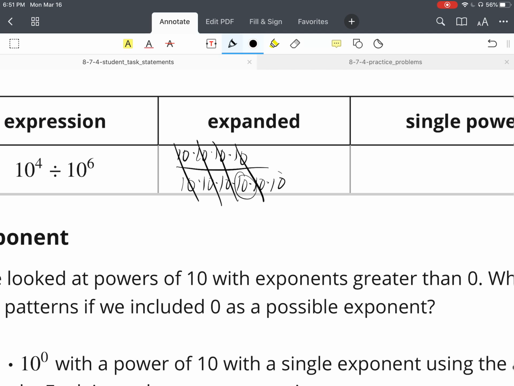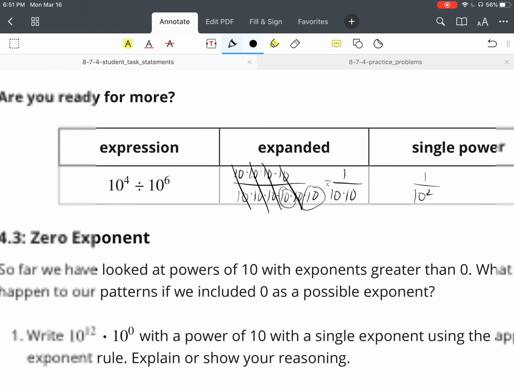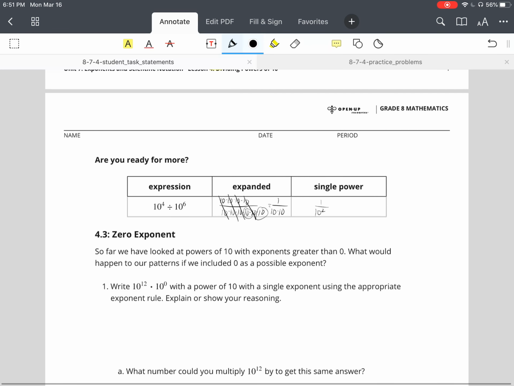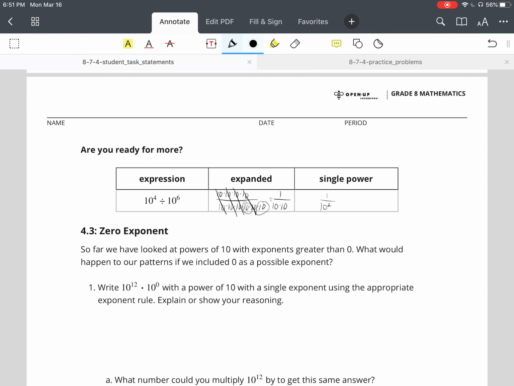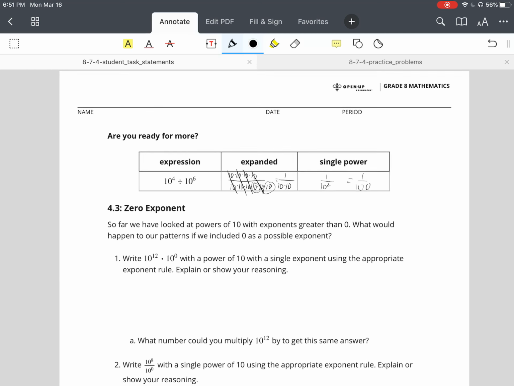We still got this one and this one. So it's going to be 1 over 10 times 10, which is technically 1 over 10 squared. And that's also the same thing as 1 over 100, right? 10 times 10.